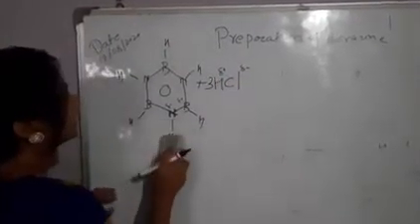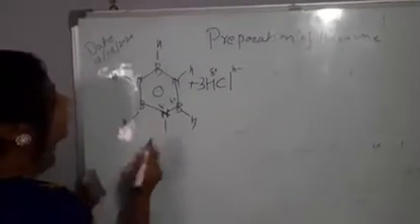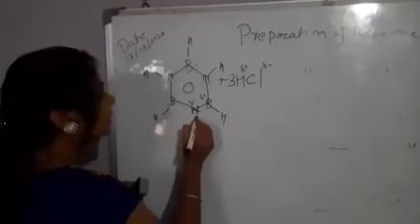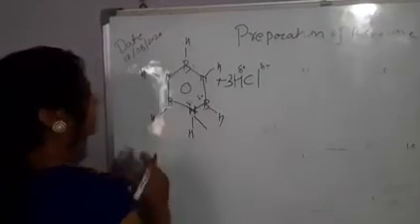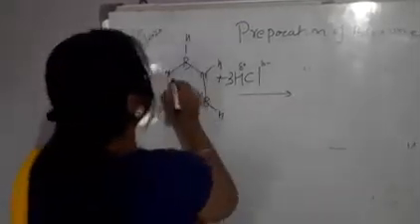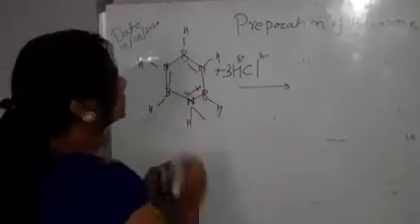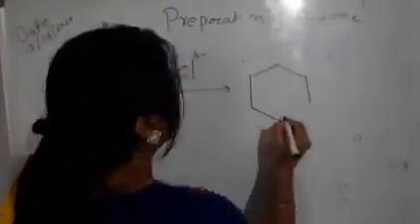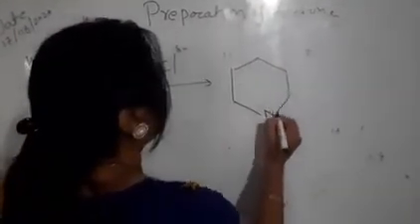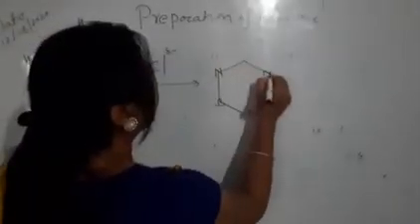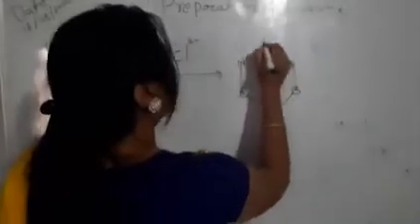Already there is hydrogen, and this pi bond we can write down here. So when it reacts, the pi bond will break. Here boron, nitrogen and boron, and already there is a hydrogen.